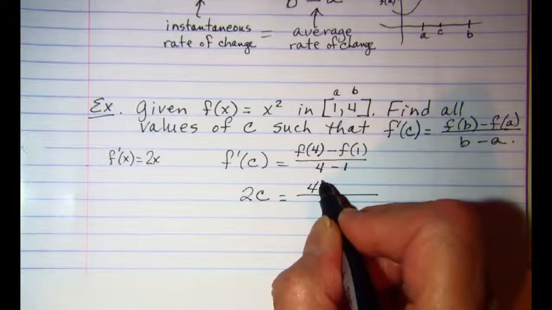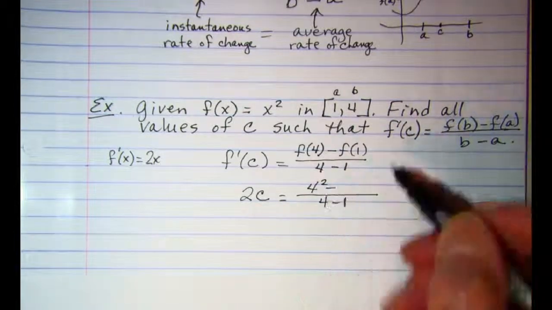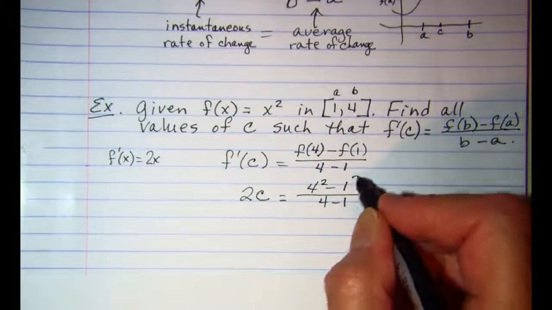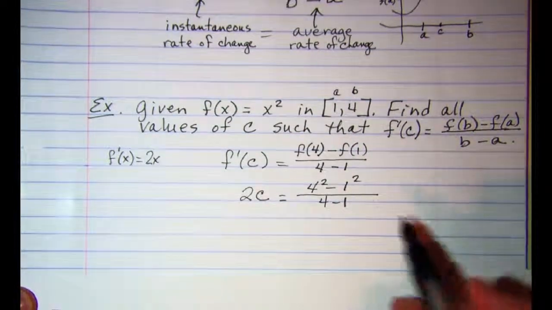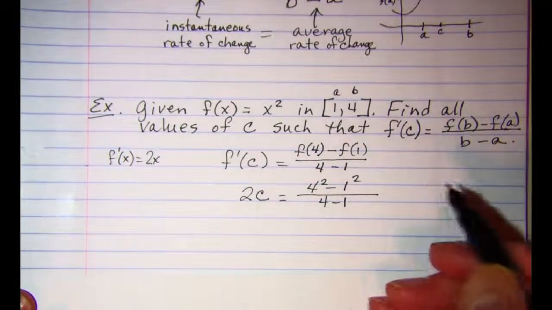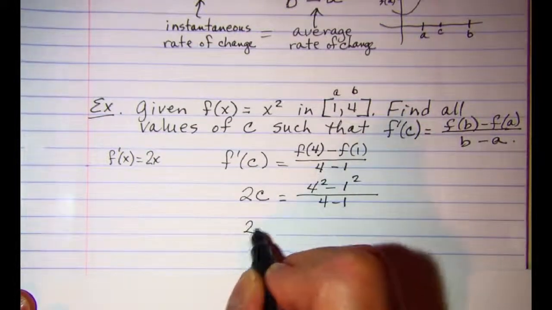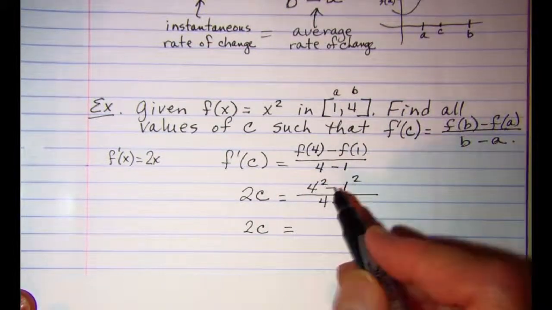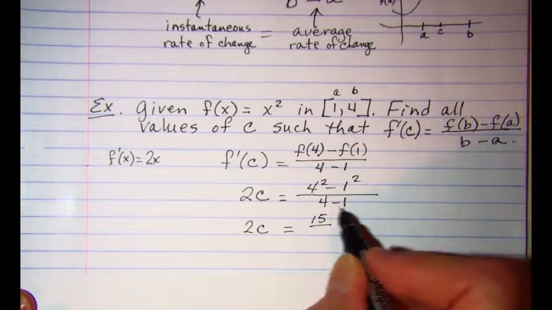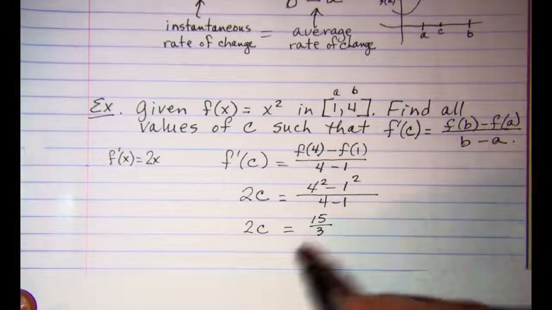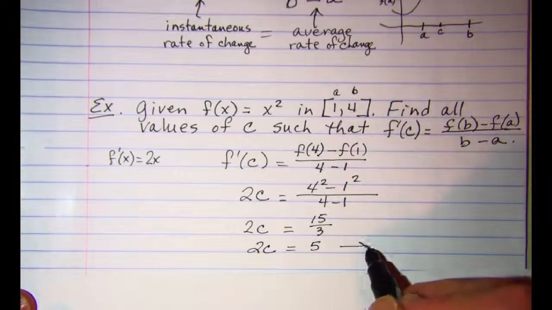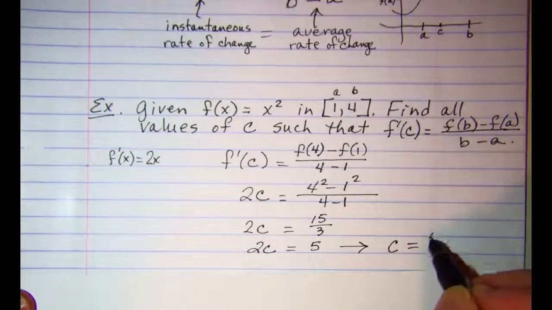So we have 4 squared, subtract, and then f of 1 is going to be 1 squared. So our problem just comes down to solving this equation for c. And this simplifies to 2c is equal to 16 minus 1, so 15, divided by 4 minus 1 is 3. So 2c is equal to 5, which means that c is going to be 5/2.